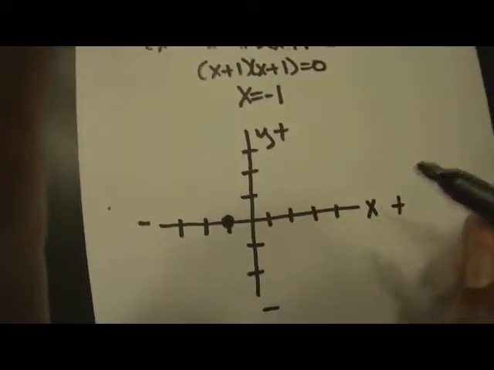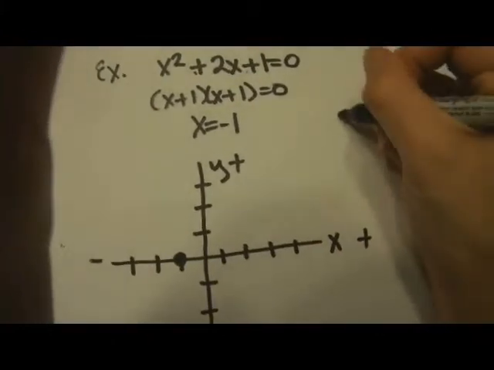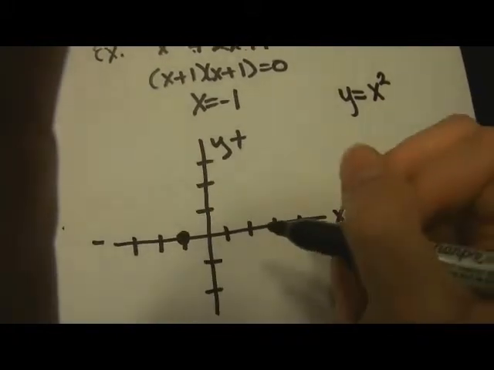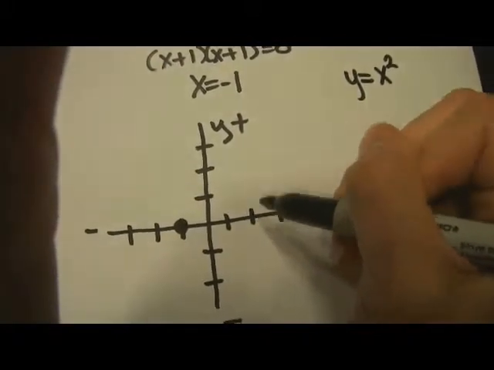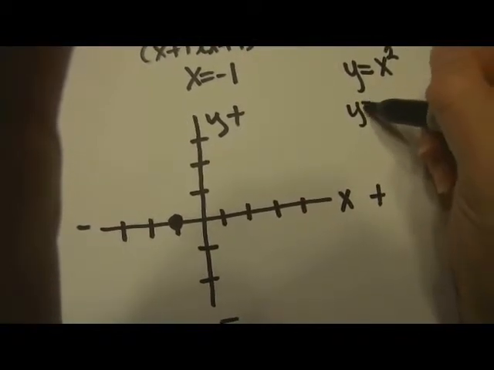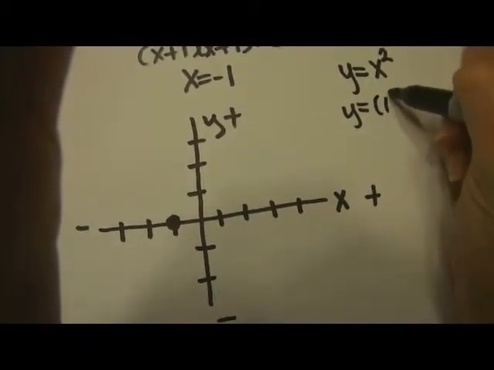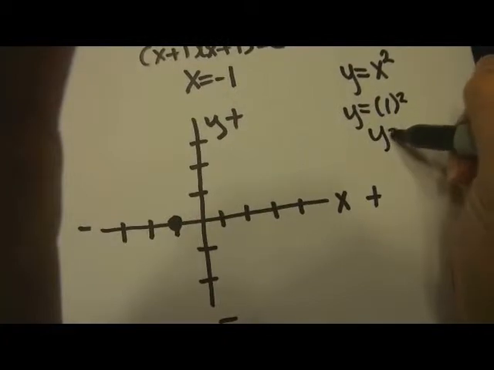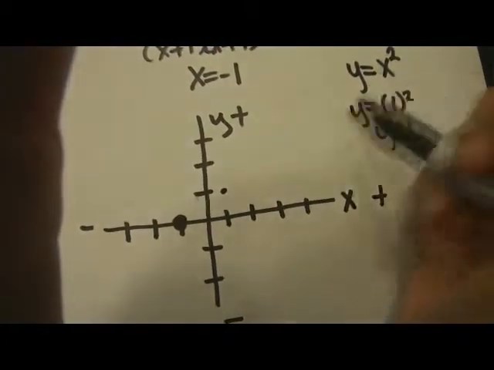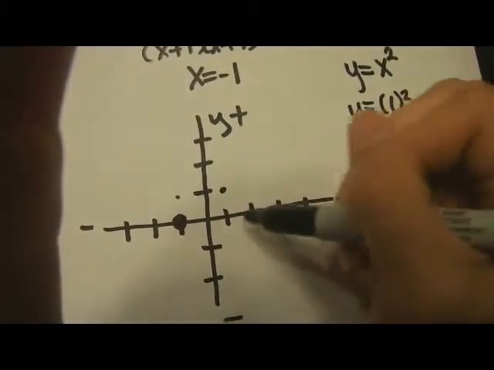Now, if you think about it, our parent function is y equals x squared. So let's go ahead and just put that on there. When x is equal to 1, what is y? y is also equal to 1. So we can plot that point right there. And the same goes for negative 1.